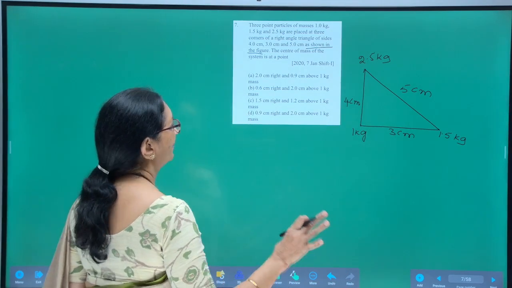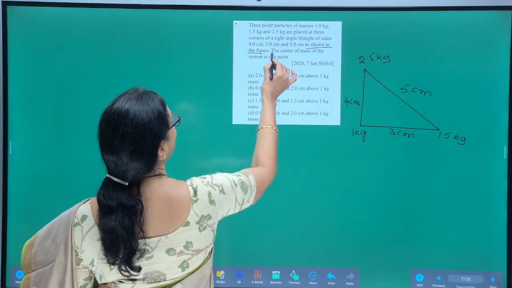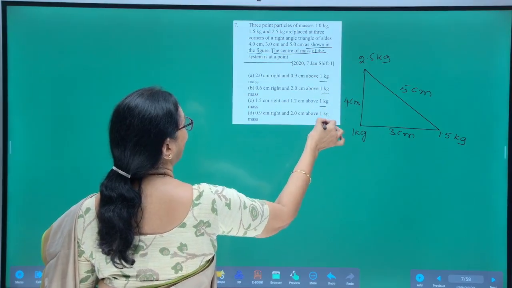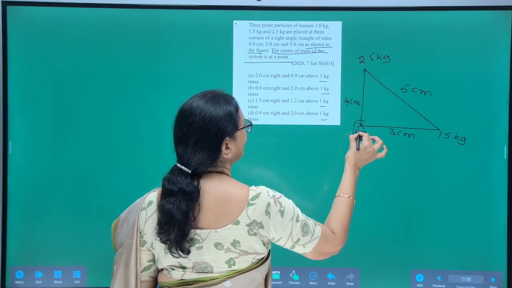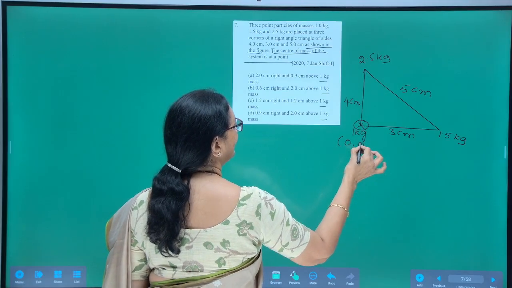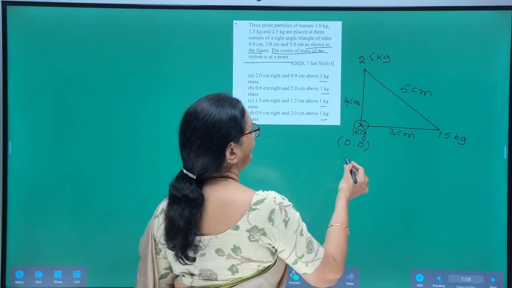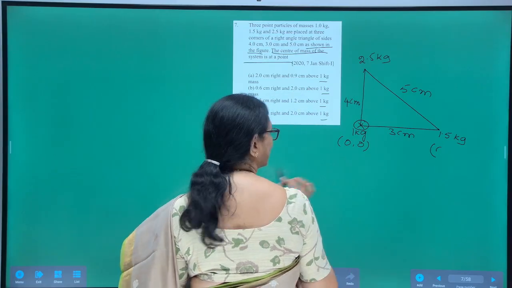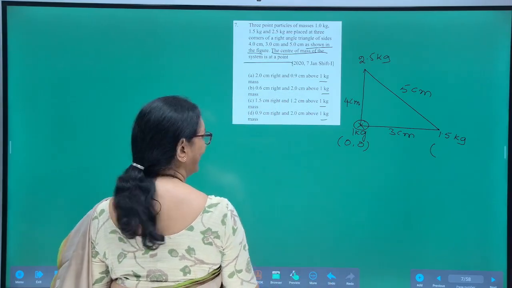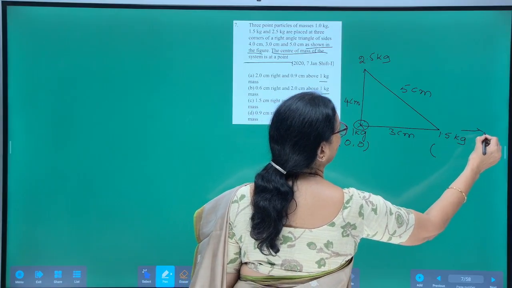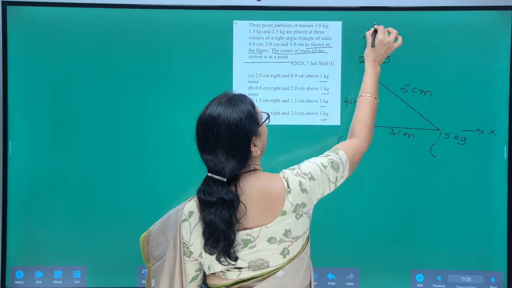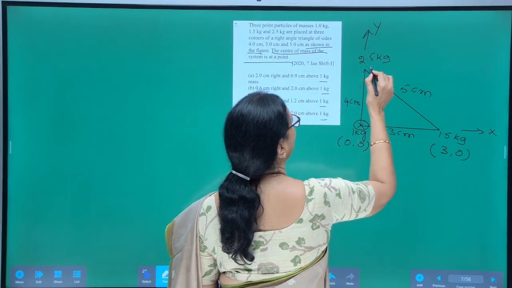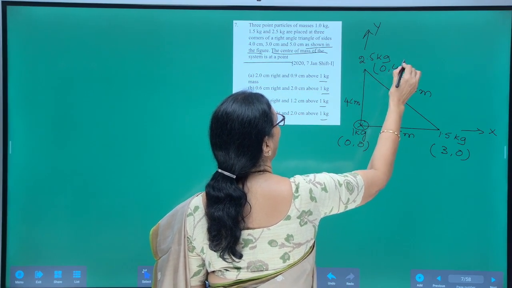Now, look here. The center of mass of the system at a point with respect to 1 kg. This 1 kg is taken as the reference point, that is origin. Let us write the coordinates with respect to this point. The x coordinate is 3 and y coordinate is 0 because it is taken on the x axis, and let us consider this as the y axis. So, its coordinates are 3, 0, and its coordinates are 0, 4.